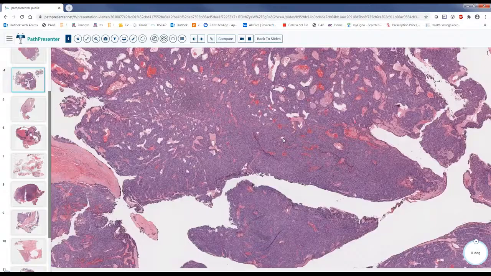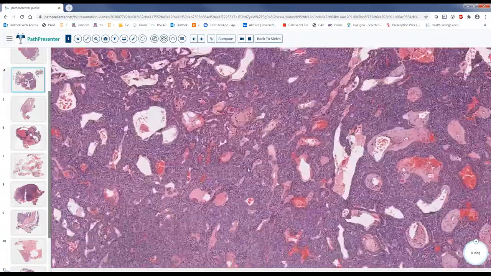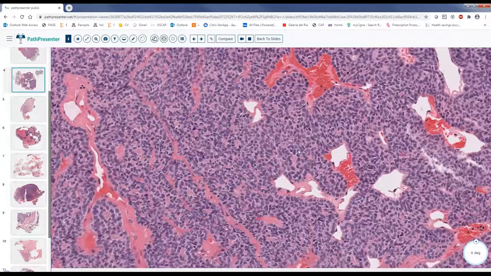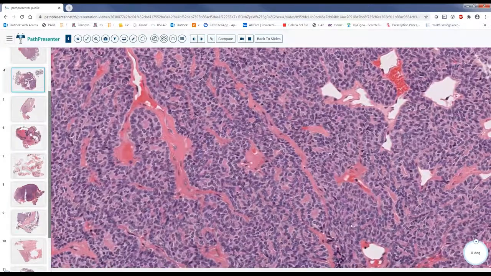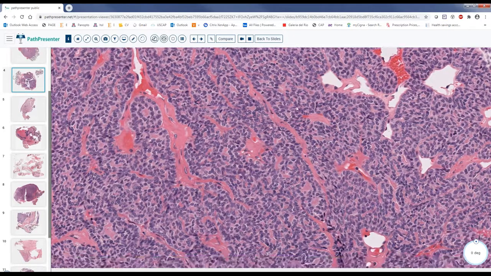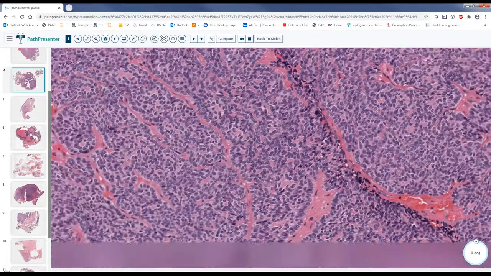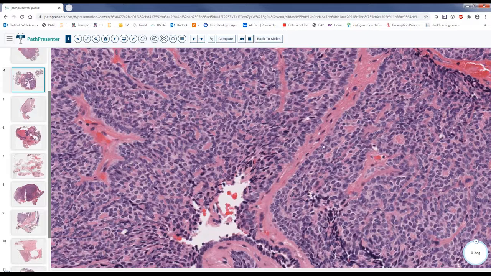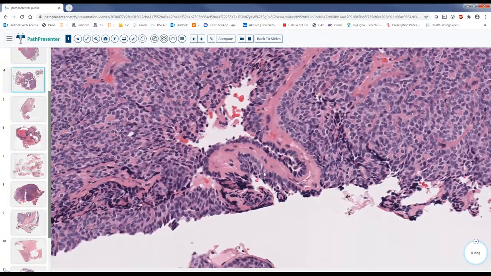This is a basaloid lesion. You see that the cells don't have much cytoplasm. They have a high N/C ratio. They are in a trabecular pattern. Can anybody describe what's going on at this line here?